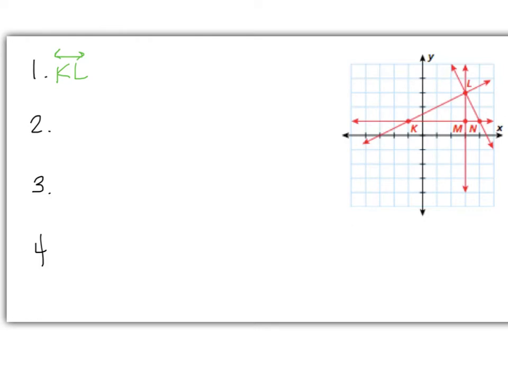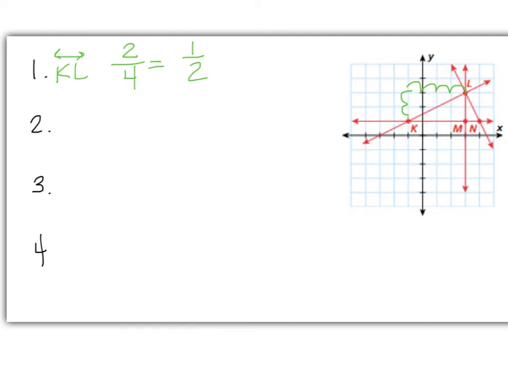But what I'm going to do is I'm going to start at K and I'm going to do rise over run. So I'm going to count up, 1, 2. So I went up 2 and I'm going to go over 1, 2, 3, 4. So I went up 2 over 4. Now we can simplify this fraction. We always put it in simplest form, and slope will always be written as a fraction. So we can reduce this to 1/2.